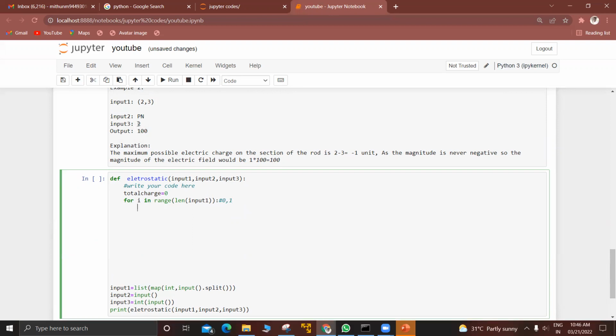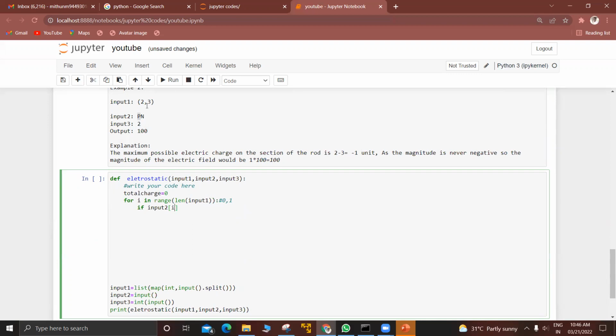At the 0th position, we need to check whether there is a P or N in input 2. So for checking that, if input 2 of ith position, initially the i value will be 0.